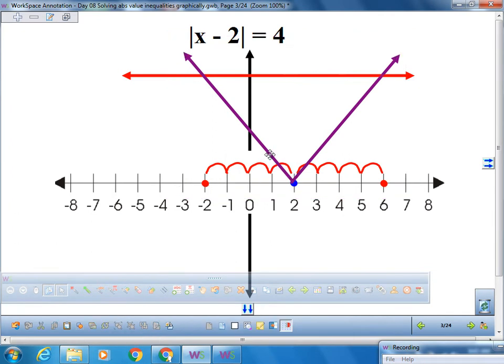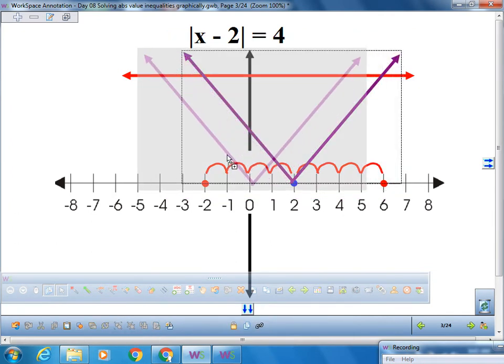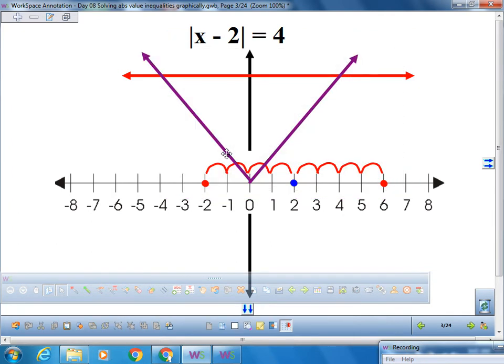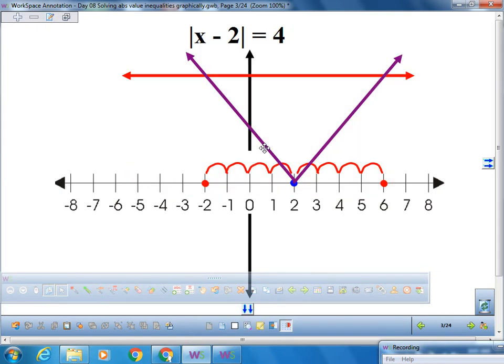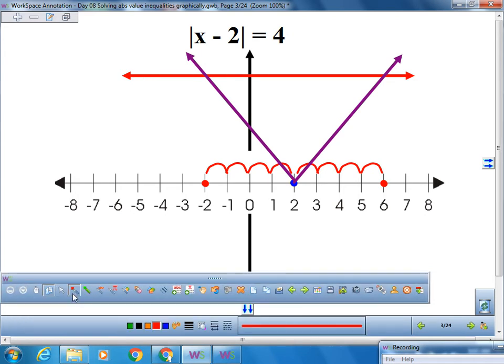Right here, this says shifted to the right 2, so we shifted over to the right 2. And then we say equal to 4 is a straight horizontal line right there at 4. We're going to say that's 4 units up. And the intersection is right here.